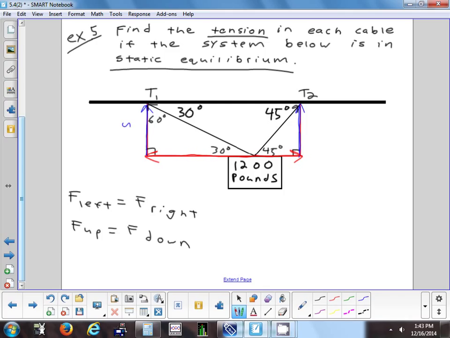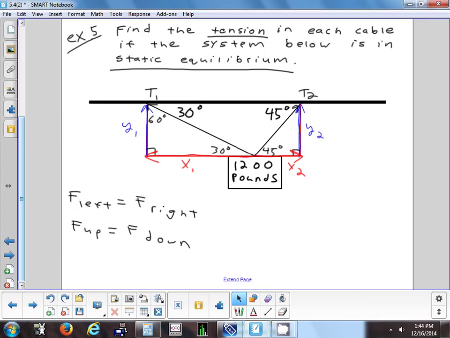Let's call the vertical forces Y1 and Y2. And what do you think a good name for the horizontal forces would be? Yep, X1, X2. So I've got all the 2's in one triangle, I've got all the 1's in another one. Okay, any questions on the diagram or the setup so far?